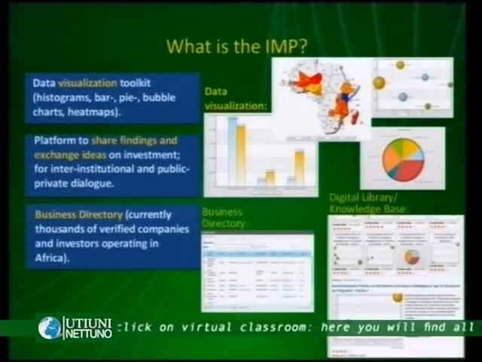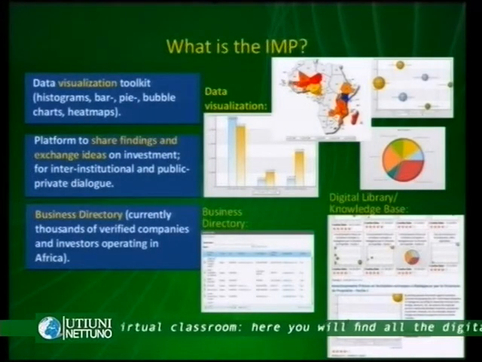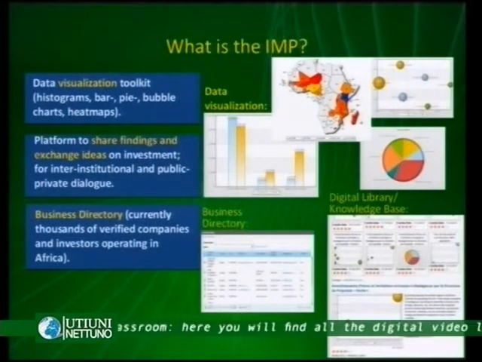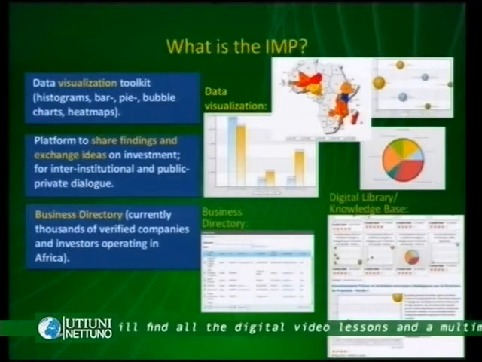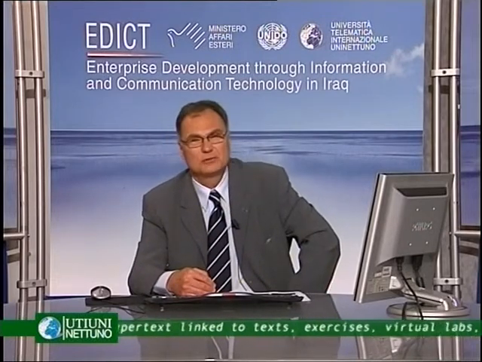It also provides a business directory. Currently, there are thousands of verified companies and investors operating in Africa. When we started this project and wanted to develop the business directory to be able to design the survey, we realized most countries do not have a dependable business directory.